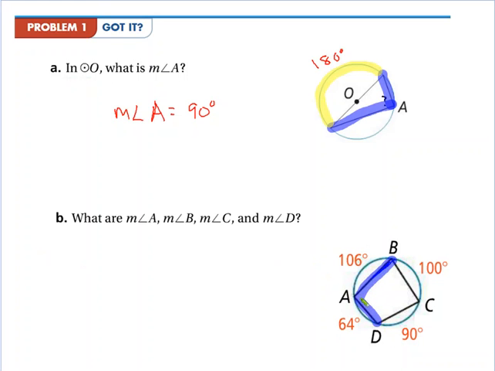Now, it's an inscribed angle. And the arc that corresponds to it is the one that goes all the way around here. So for that one, we have to add both of these arcs, which is 100 plus 90. Okay, so for the measure of angle A, we need to find the combined measure of this arc in yellow, which is of course 190 degrees.